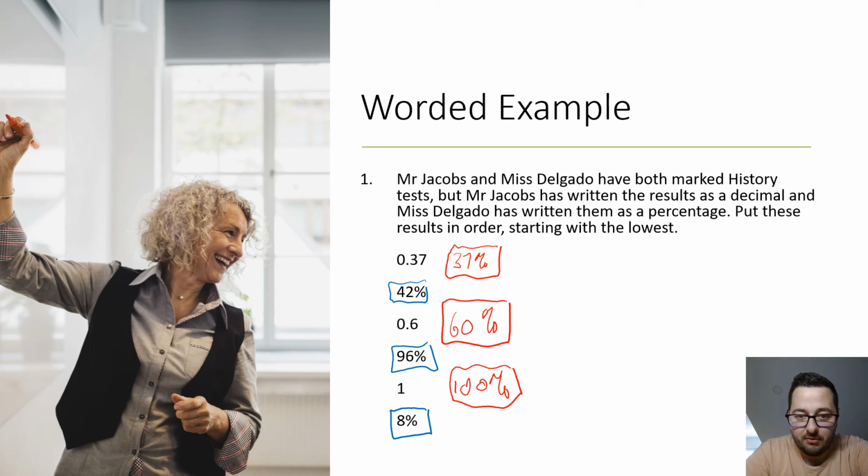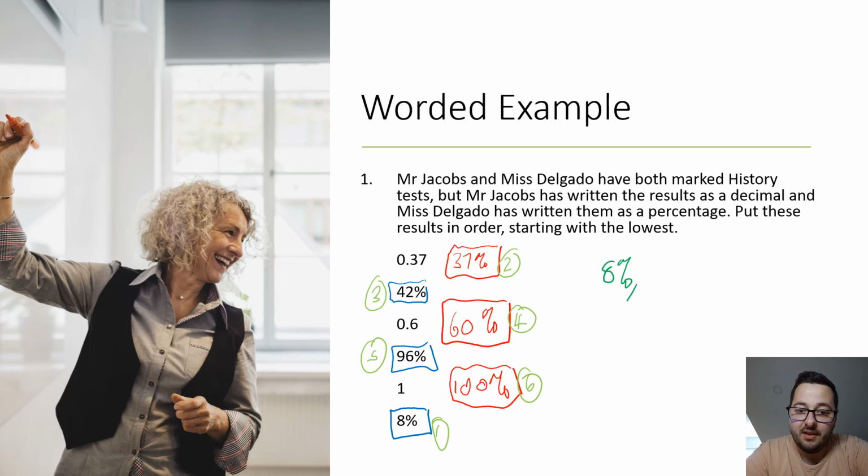Okay, so we want to put these in order. So let's just check them out. So the lowest one to me looks to be 8%. Then 37%. Then 42%. Then 60%. Then 96%. And then 100. And when you write them back in order, you want to put them as they originally were. So the first one is 8%.